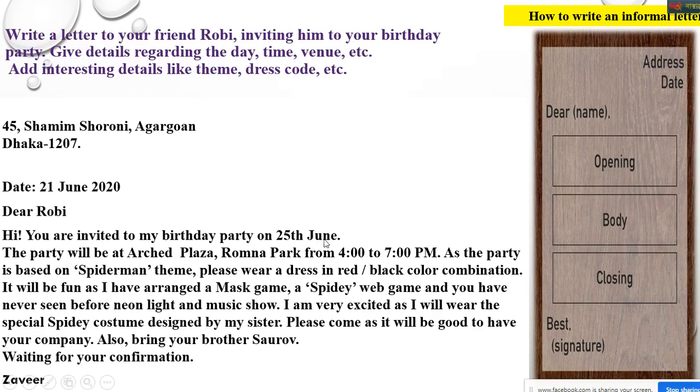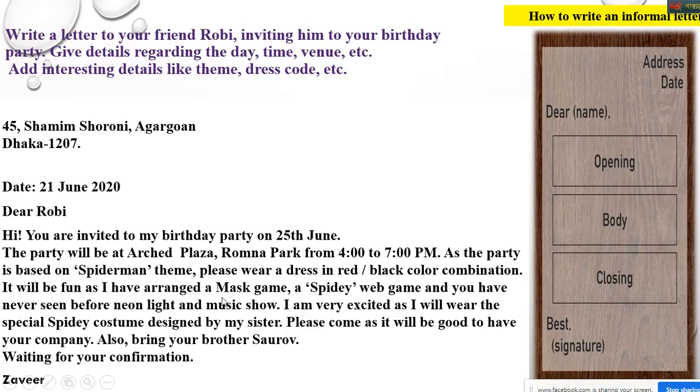25th June. The party will be at Orchid Plaza, Ramna Park from 4 p.m. to 7 p.m. As the party is based on a Spider-Man theme, please wear a dress in a red and black color combination. It will be lots of fun.